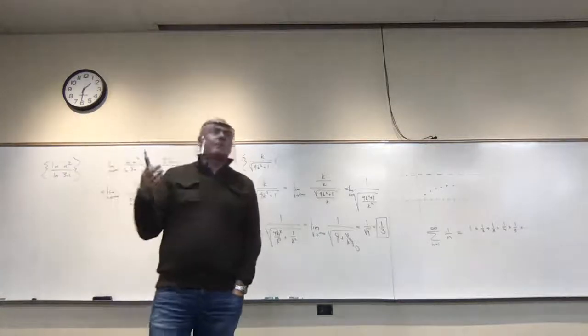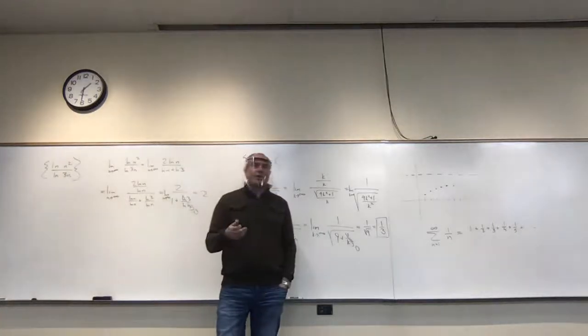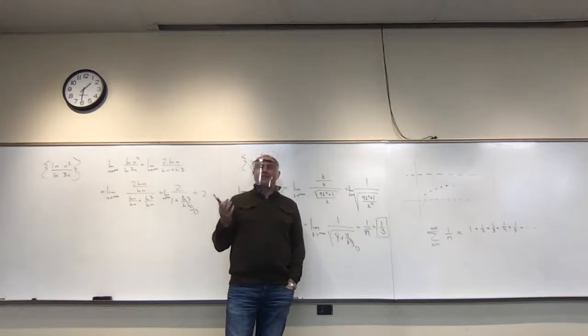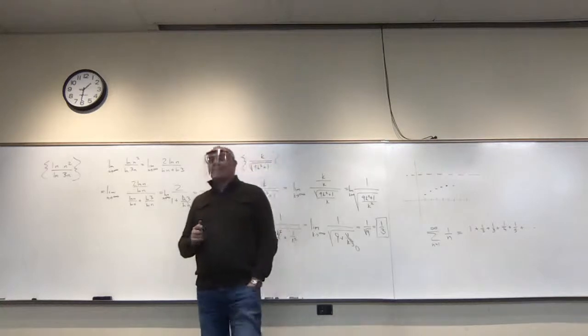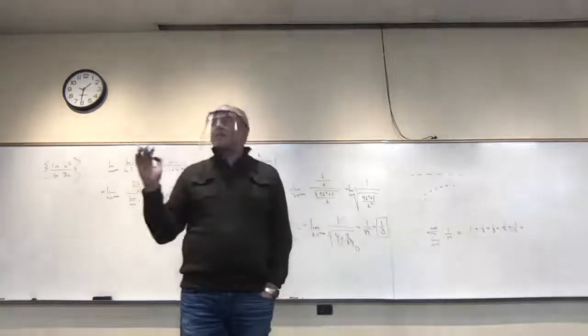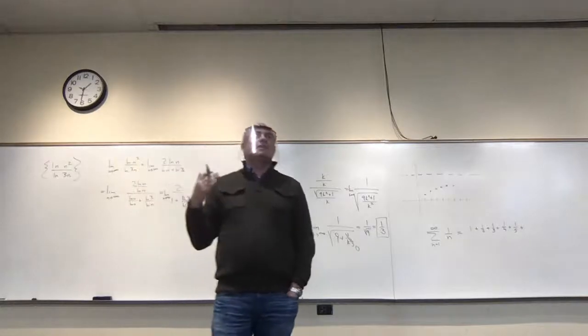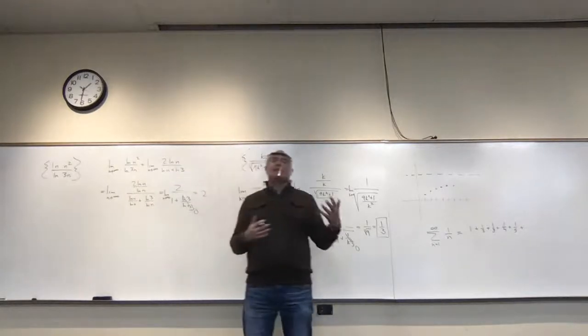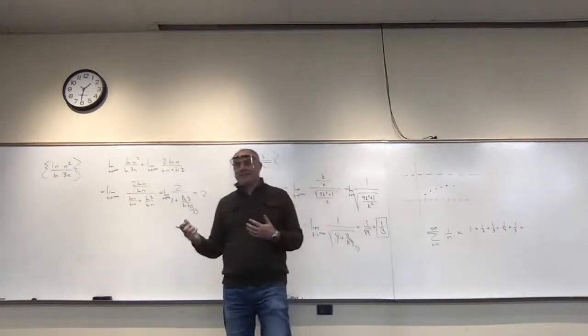Another great example: is anybody familiar with any honors students in here? Have you guys talked about Zeno's paradox? Okay, too bad. But Zeno's paradox, has anybody heard of this before? It's kind of the story of Achilles and the tortoise.